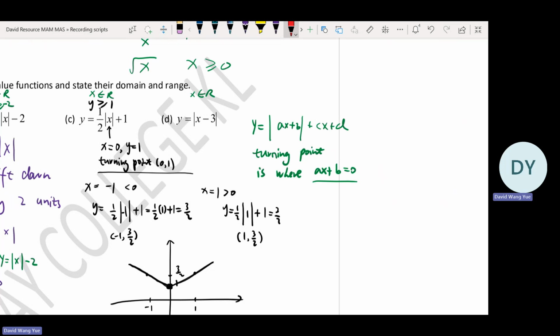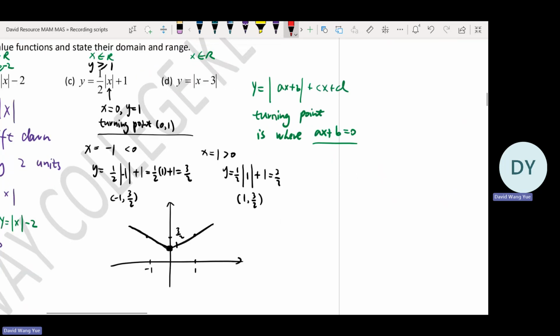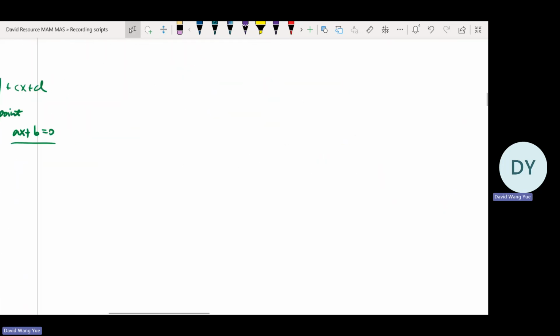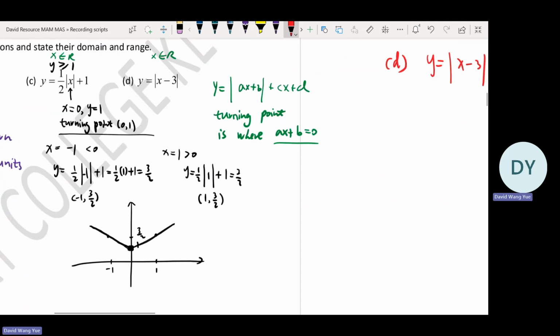Now I do part D as well. If you are watching this video and trying yourself, you can pause the video, try to draw this using the method I show here, and later resume the video and see whether you are right or wrong.